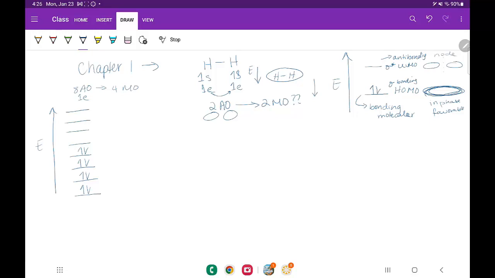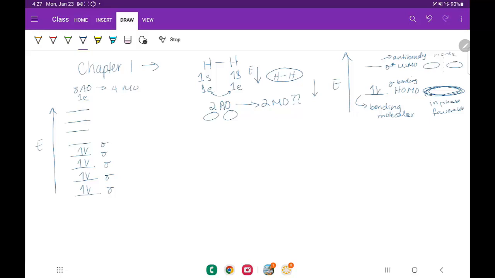Don't worry about what exactly the energies are or where they are in relationship to each other. That's not in the scope of what we're going to talk about. But let's say that they were a linear arrangement and each successive one is higher. So I'm going to pretend that these are sigma bonding molecular orbitals.